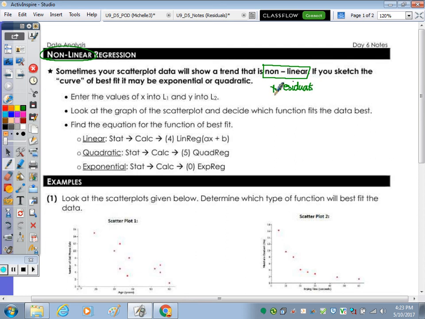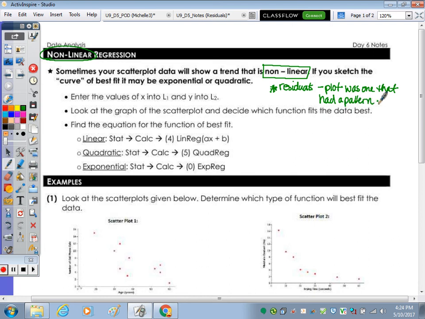And the residuals told us whether the fit was a linear fit or a non-linear fit. So for a non-linear fit, the residual plot was one that had a pattern.